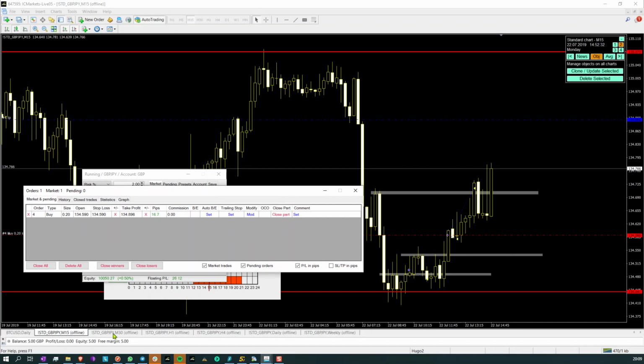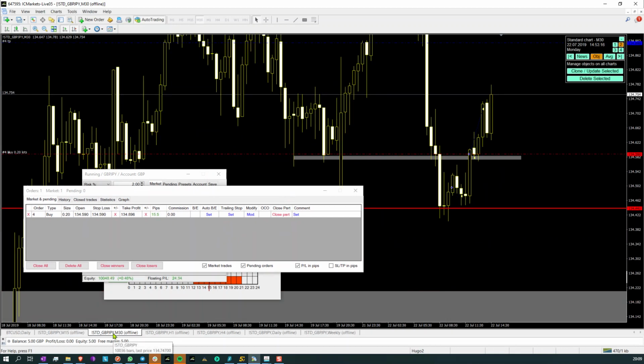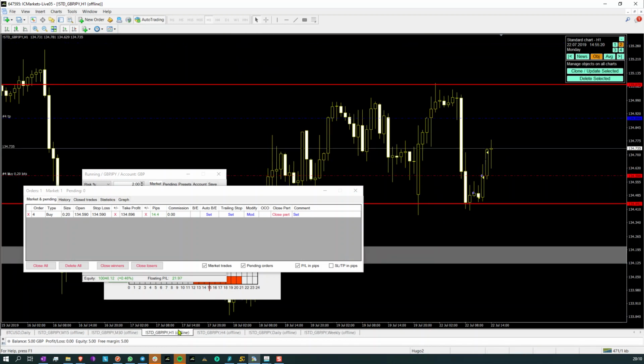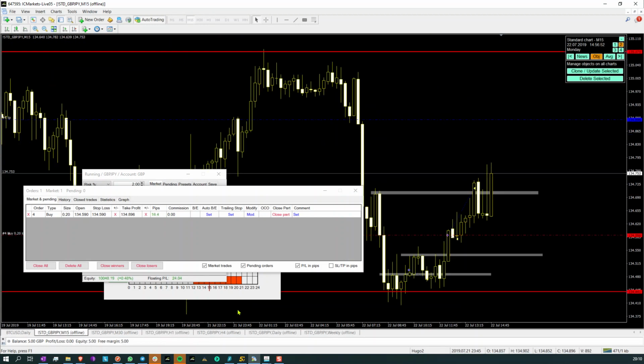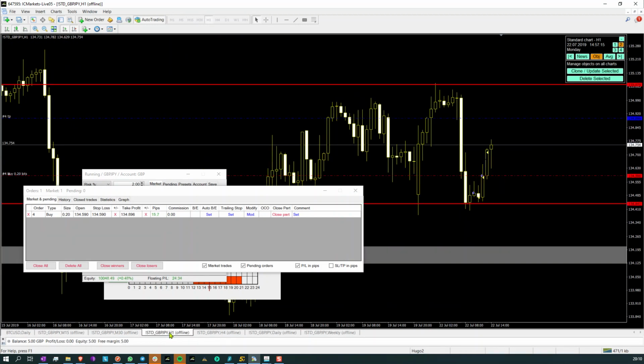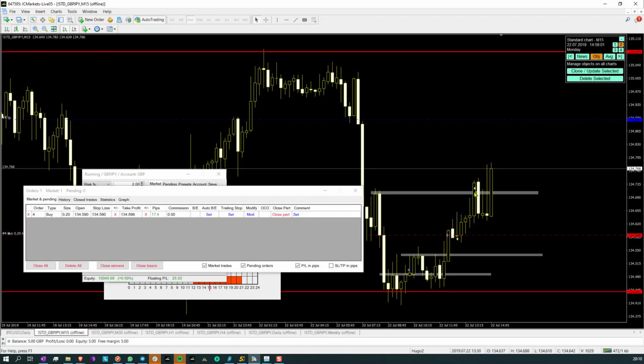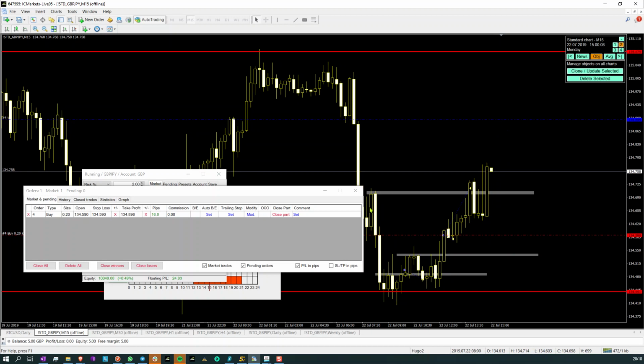Wow, that would be amazing. 30-minute broke the high here. 1 hour broke the high. Looks great in the 1 hour. Looks really, really great. Look at this. I think we are going to target that like this, or at least a bit more.